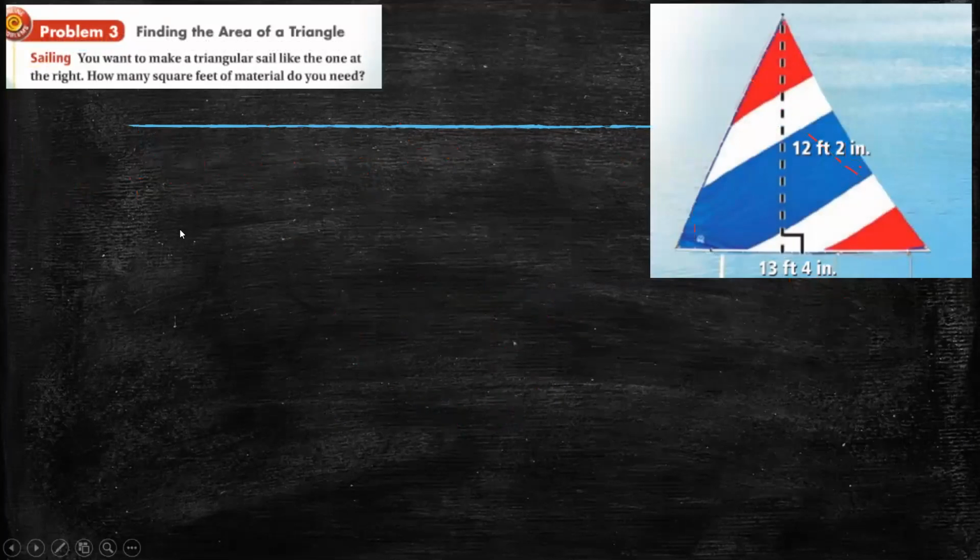Now let's do this one. Now back to problem 3. In problem 3, we also have a triangle. And in this triangle, as you see here, we have this base and the given height here.